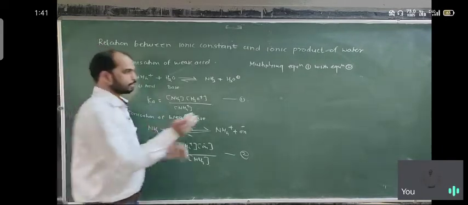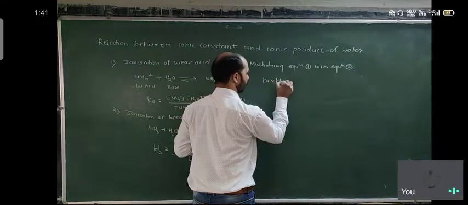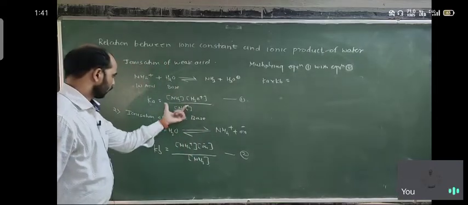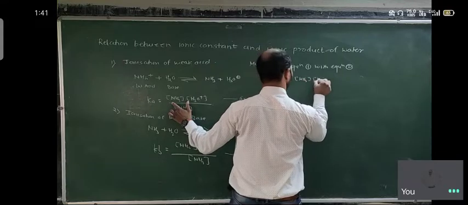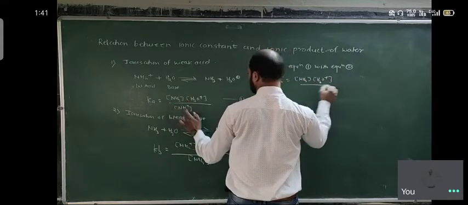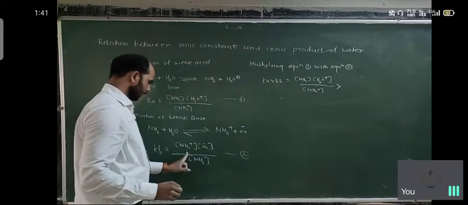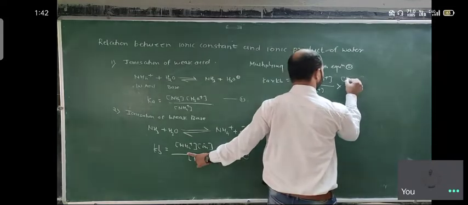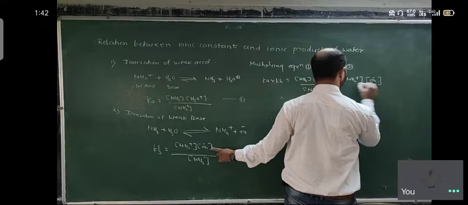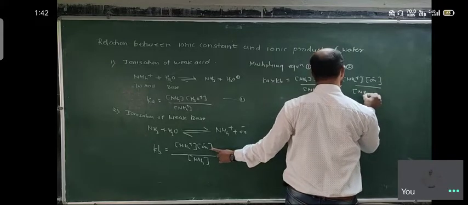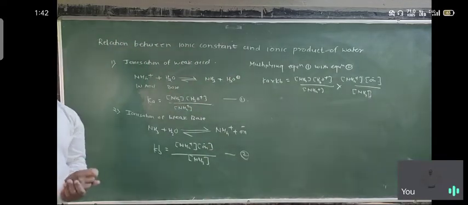So on the left side Ka into Kb is equal to NH3 into H3O plus upon NH4 plus, into NH4 plus into OH minus upon NH3. Okay, so this is a multiplication.